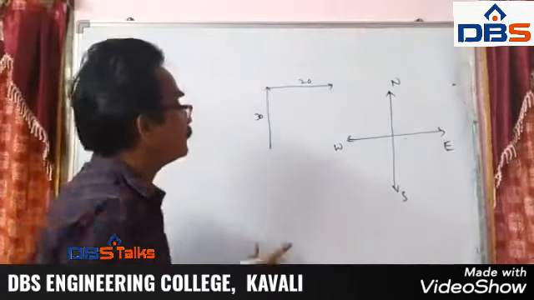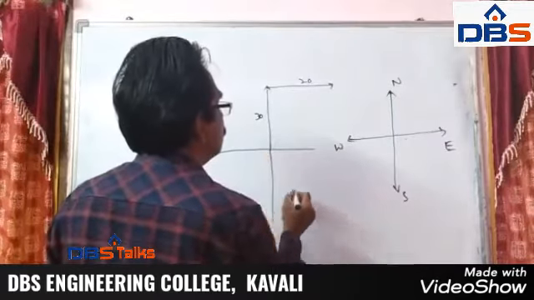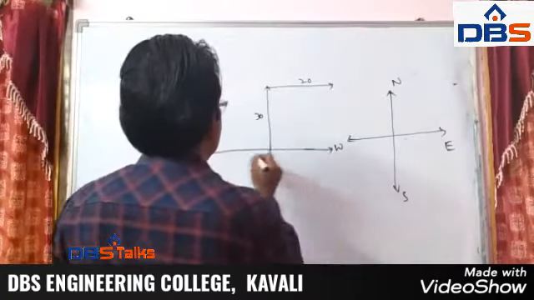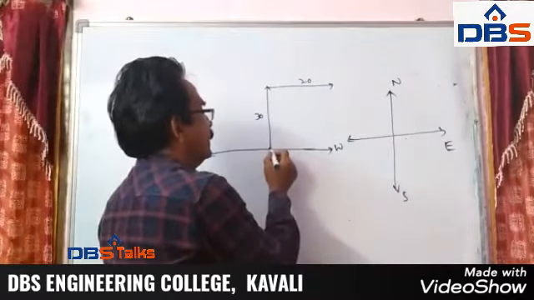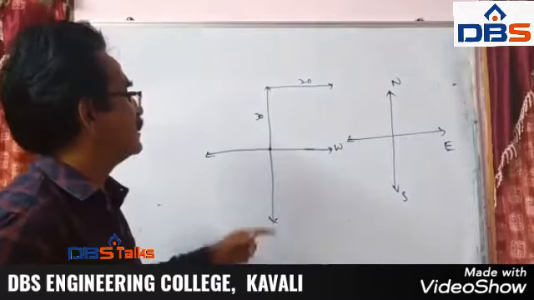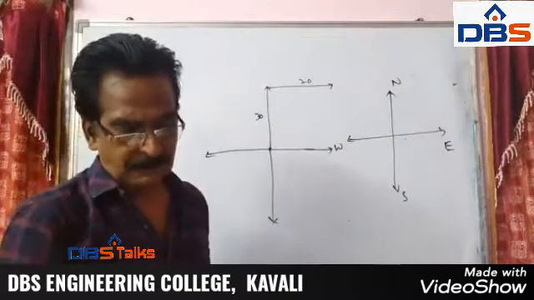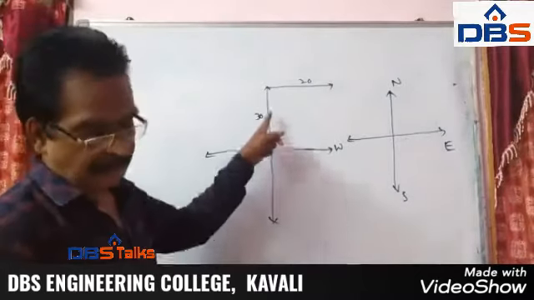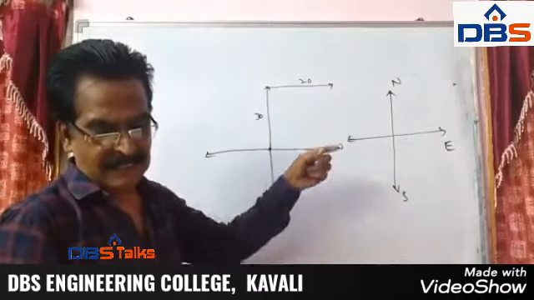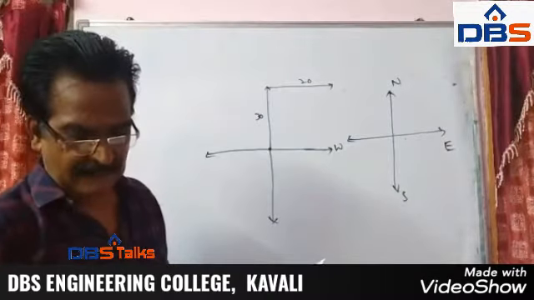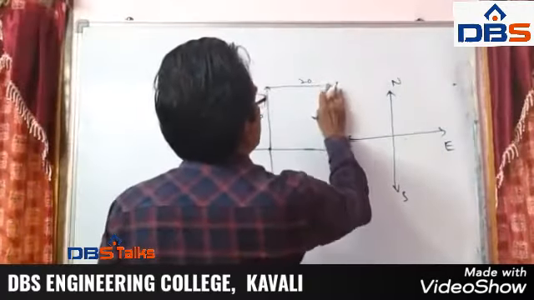Okay, friends. Let us say this is the origin point, the starting point. A person moves 30 meters towards north, then 20 meters towards east, and finally 30 root 2 meters in the southwest direction.